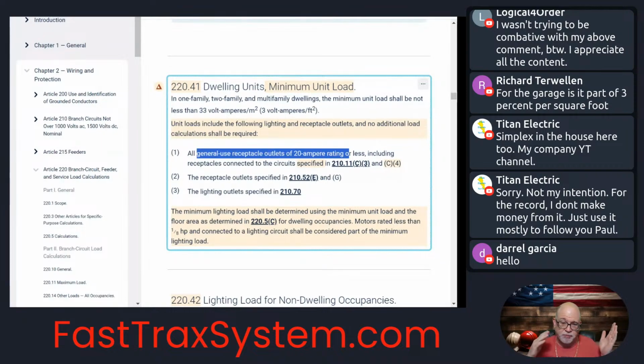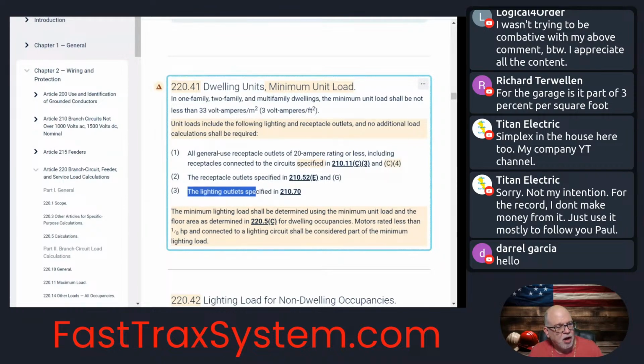Outdoor receptacles at the front and the back of the dwelling, all those things are already figured into the 3 VA per square foot. And then here, the lighting. All of your lighting that you're putting in, unless it's some kind of specialty lighting, is already figured into the 3 VA per square foot. All of those listed under 210.70, the illumination rules, are already included, so you don't have to do anything extra.